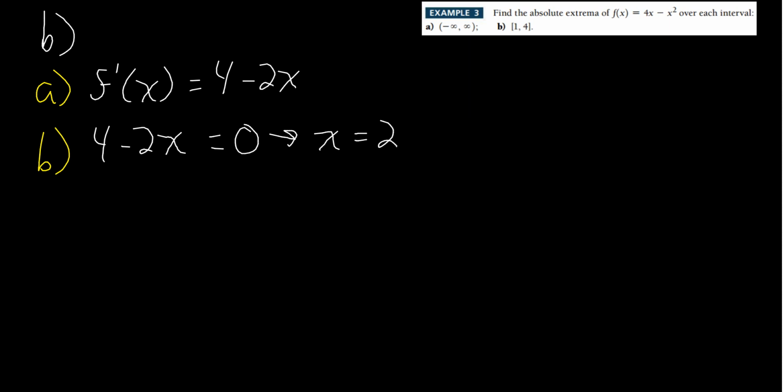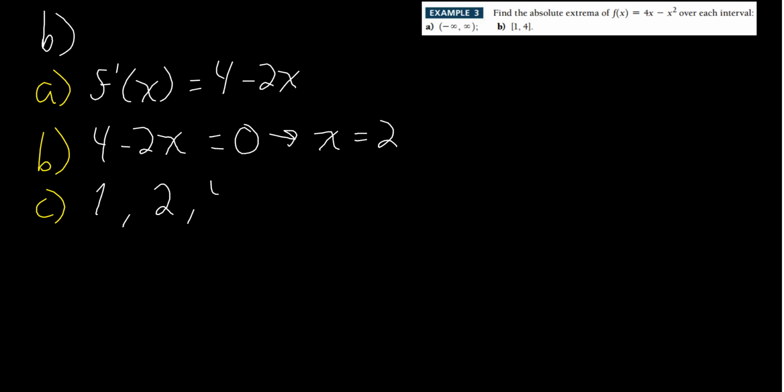And then step C, in this particular case, since we have endpoints, we can list our critical points and endpoints. Not too bad in this particular case. So we have 1, again, I'm just listing these in order, and then the critical point, which is 2, and then the other side of the interval, which is 4.